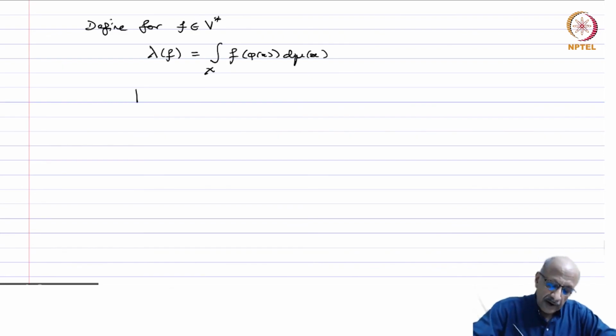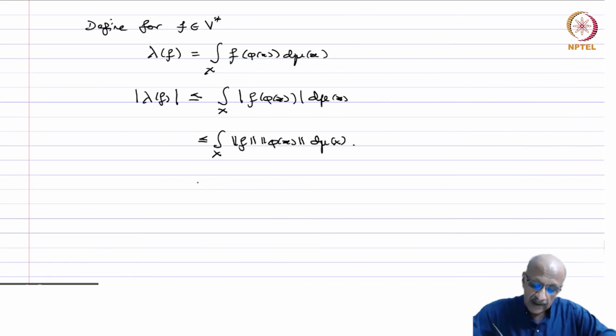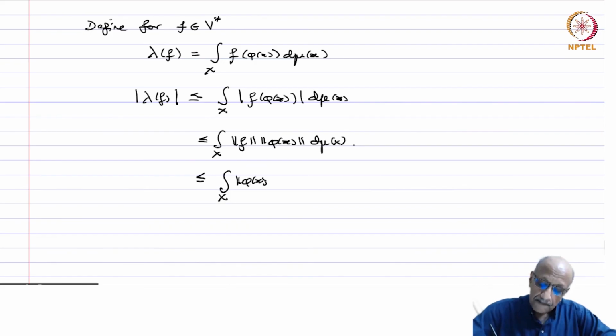So what about mod lambda f? This is less than or equal to the integral over X of mod f of phi of x d mu of x, that is less than or equal to the integral over X of norm f times norm phi of x d mu of x, and therefore that is less than or equal to the integral over X of norm phi of x d mu of x times norm f.